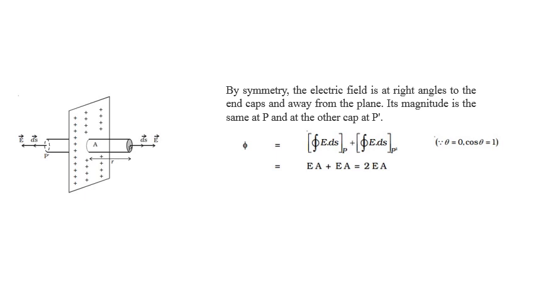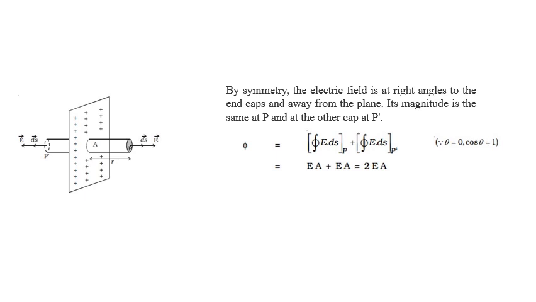By symmetry, we know that the electric field is at right angles to the end caps and away from the plane. So we have shown here that on both sides E is away from the plane, in the outward direction. Its magnitude is the same at P and at P prime. Why am I saying this?